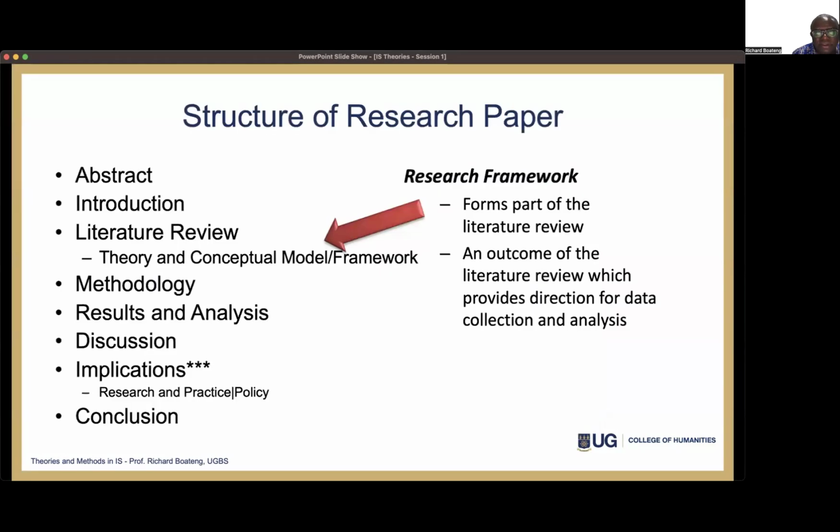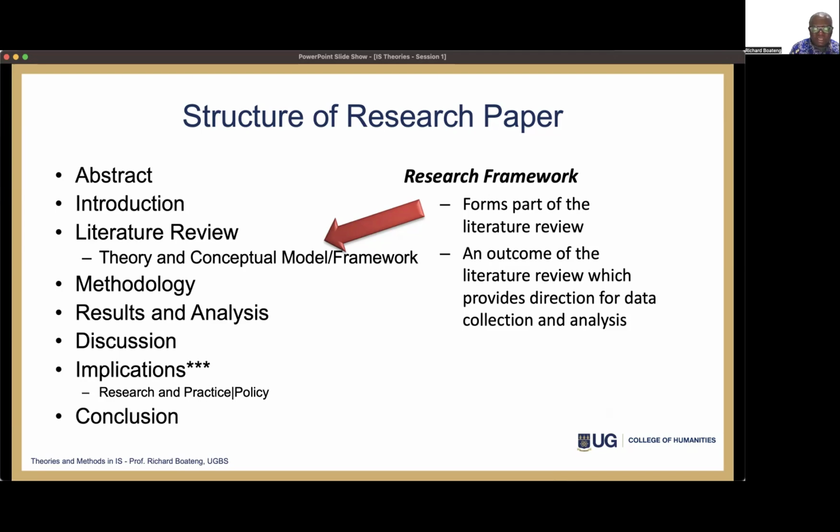Now, when you're carrying out the research paper, let's look at where the research framework fits in the long essay or the thesis you're going to write. In a research paper, the research framework is part of the literature review. So there's a section of your paper called the literature review in which you can have the theory and the conceptual framework discussed. Some of the papers I showed you had that.